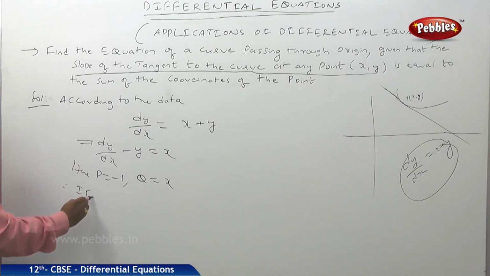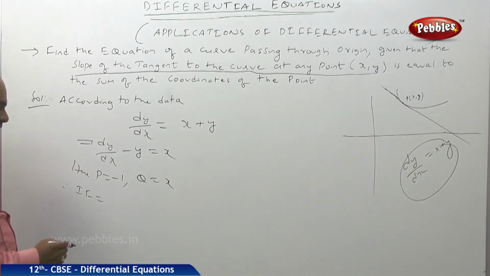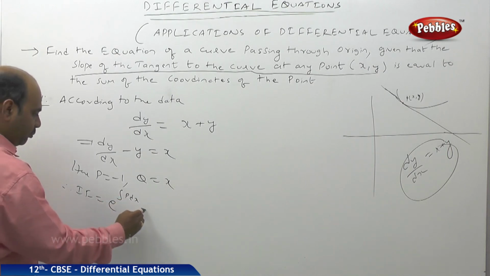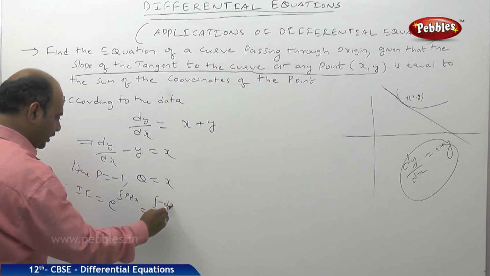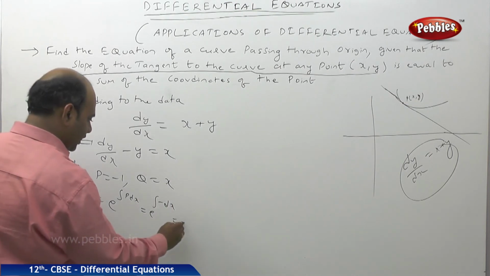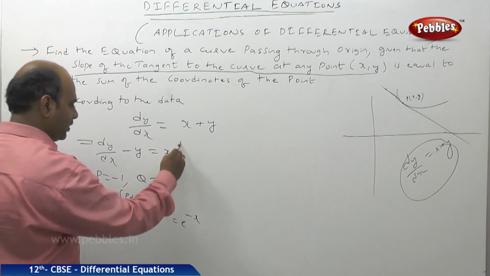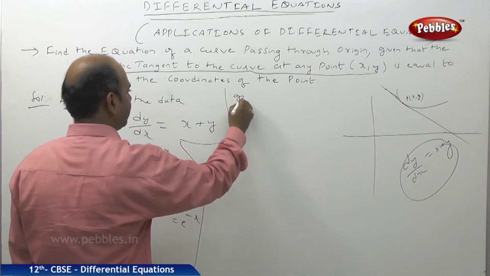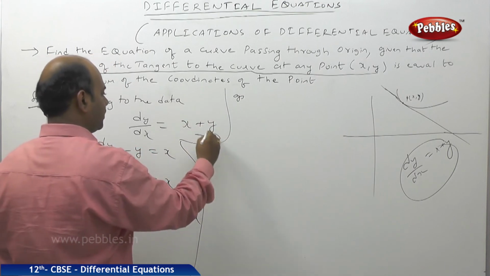How can we solve a linear differential equation? We need to find the integrating factor. Integrating factor formula is e power integral of P dx. So e power integral of minus dx is nothing but e power minus x. Now, how can we find the general solution of this particular differential equation? I will call this as one.